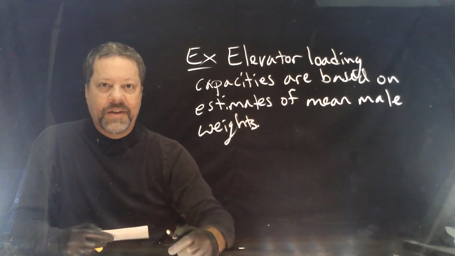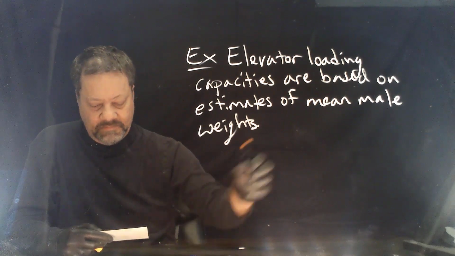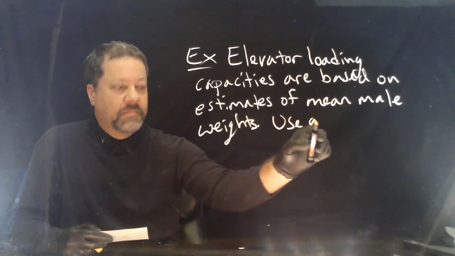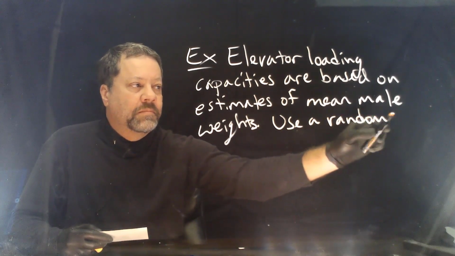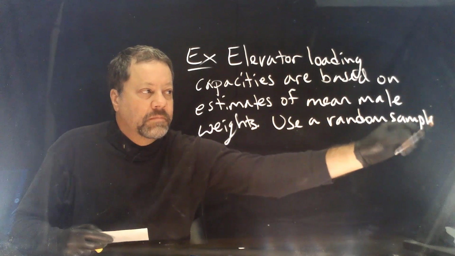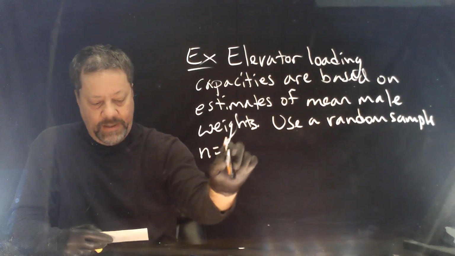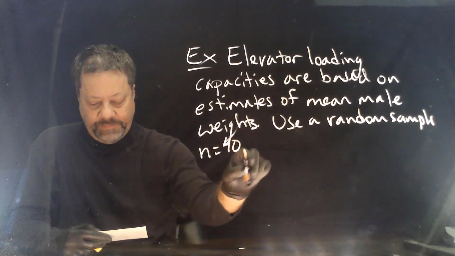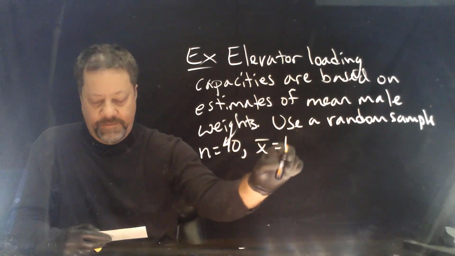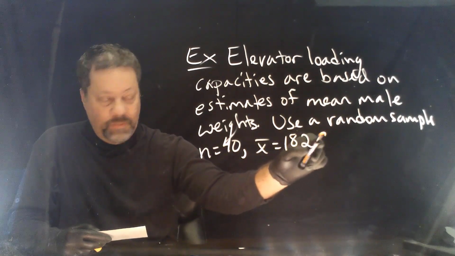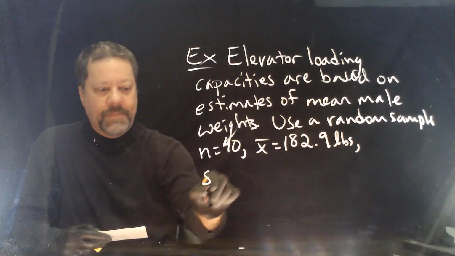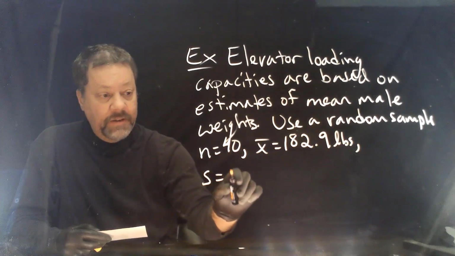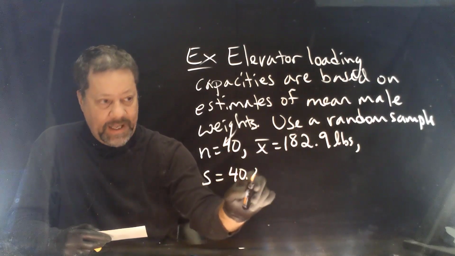This mean has increased over the course of time. Use a random sample with n equals 40, a large sample, mean of 182.9 pounds, sample standard deviation of 40.8 pounds.